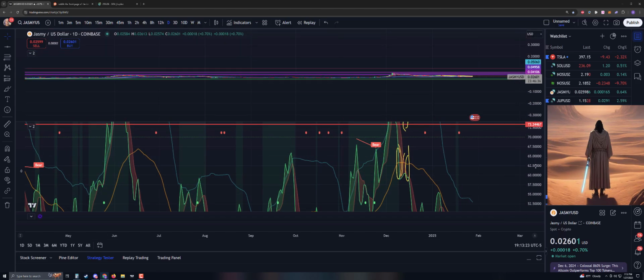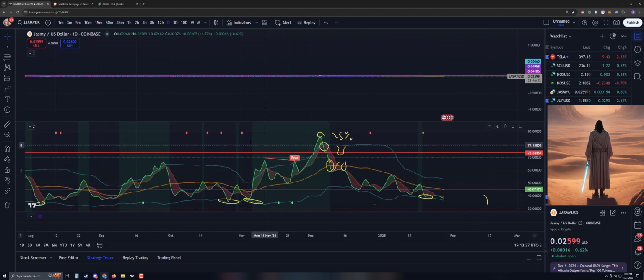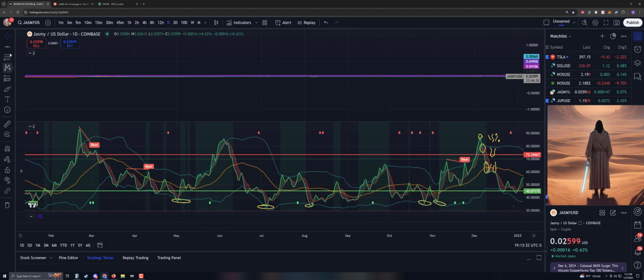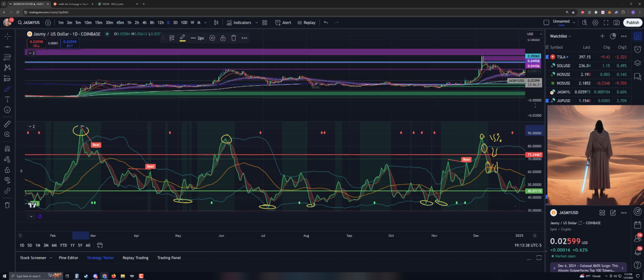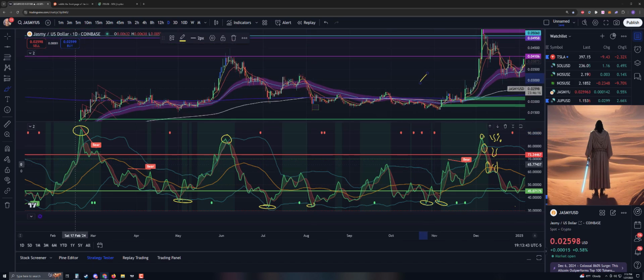Then doing the same thing again, put the chart away, and that's a good sell. That's a good sell. That's a good sell. And look, sell. Now this sell right here would have been an area where you would have had to recognize what was going on.